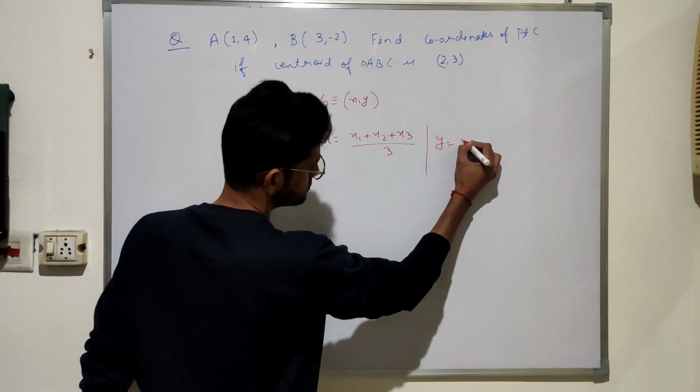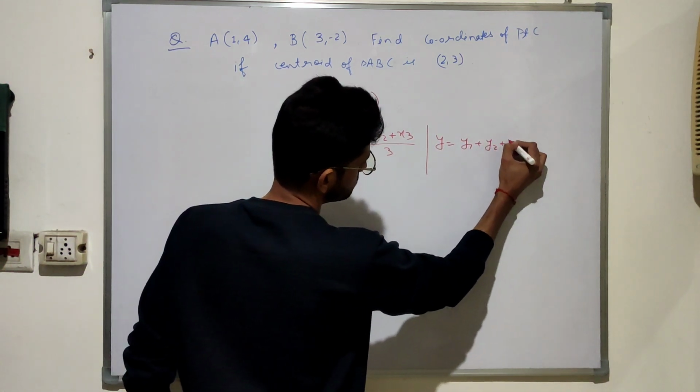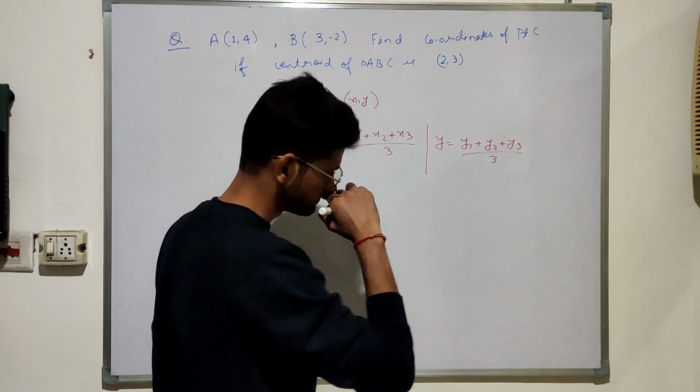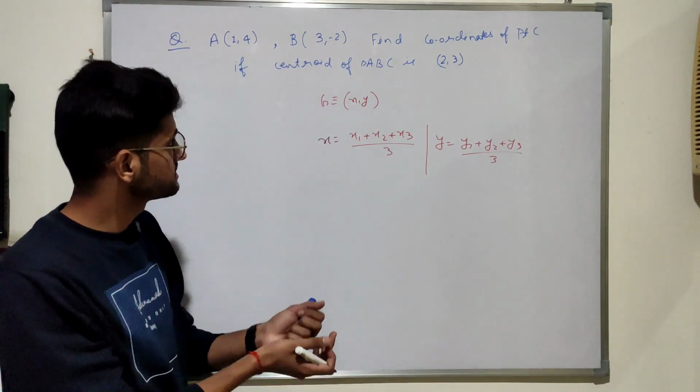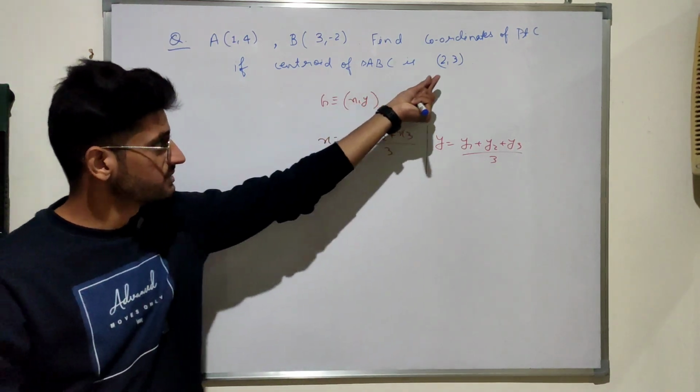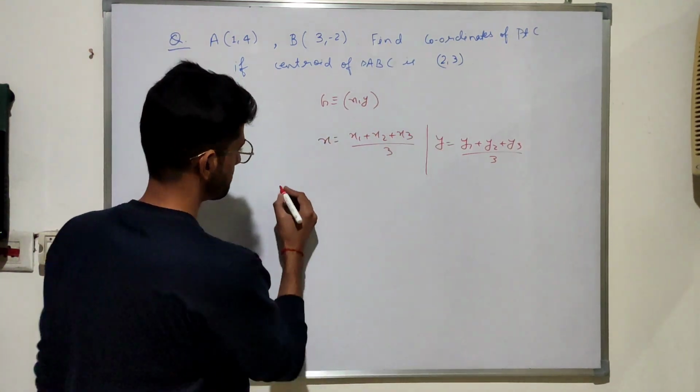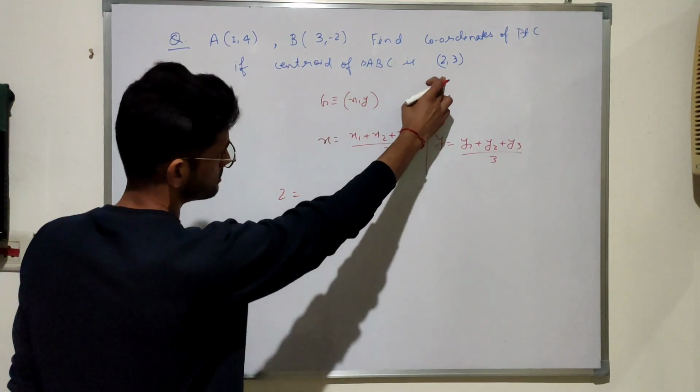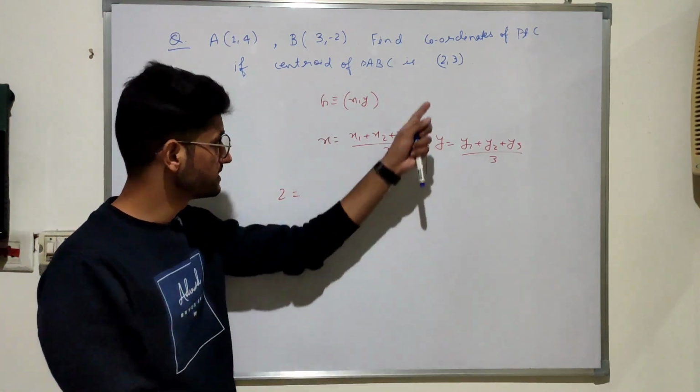Similarly, we can write y is equal to (y1 plus y2 plus y3) divided by 3. Here x is already known to us. Since the centroid is known, the x coordinate of the centroid is 2.